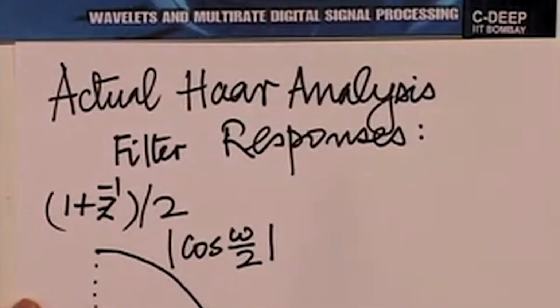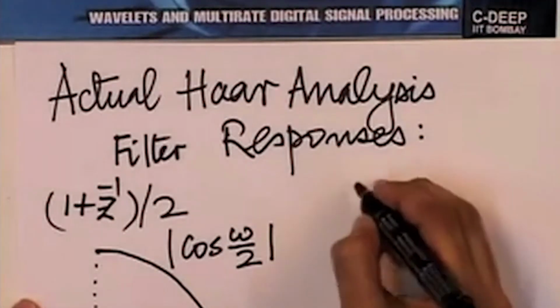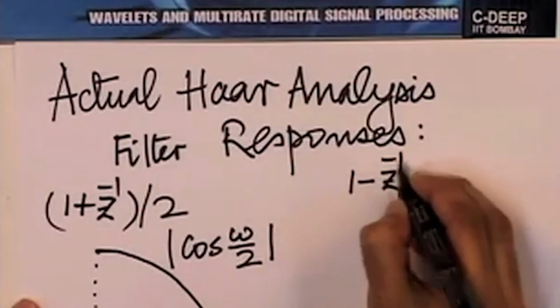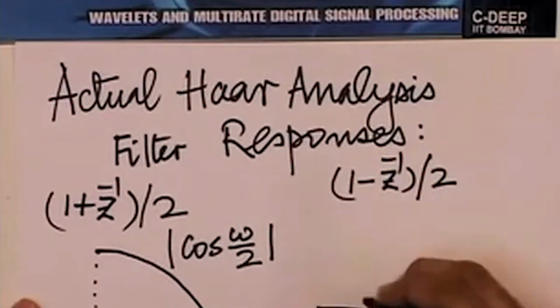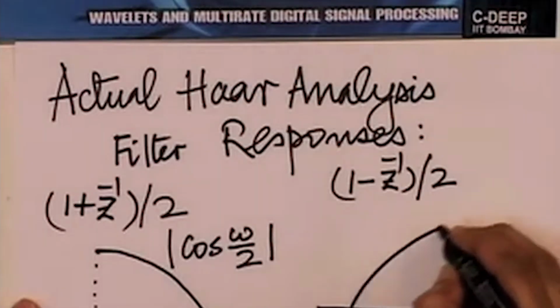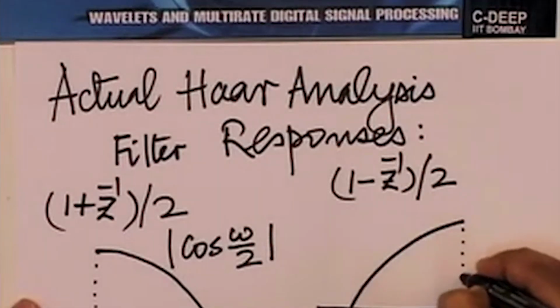Of course, recall that there is periodicity, and the 1 minus Z inverse by 2 filter had essentially a response that looked like mod sin omega by 2.